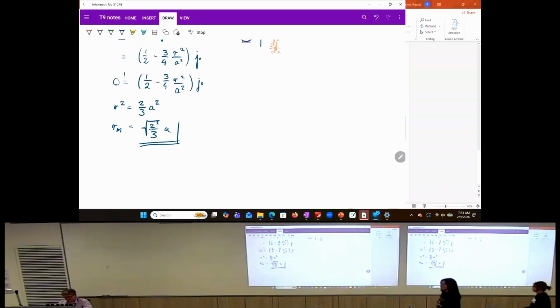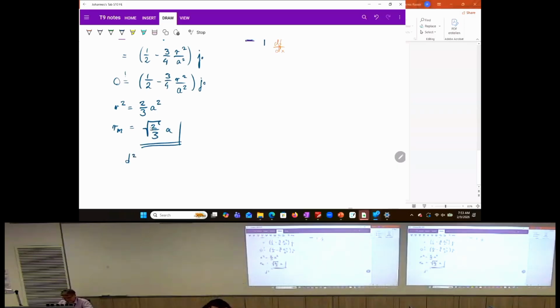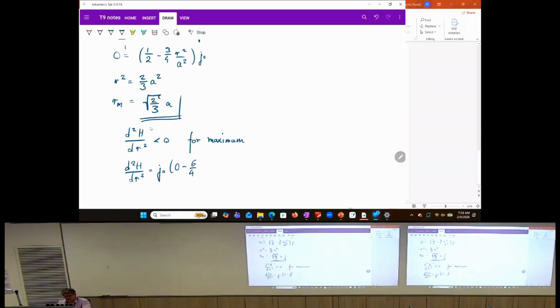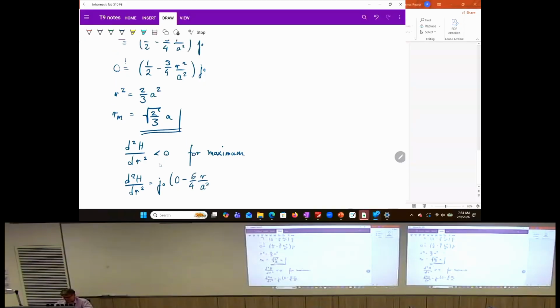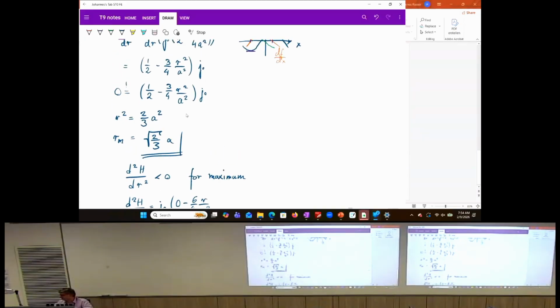And check, is this really a maximum? Because for a maximum, the second derivative has to be smaller than 0. Just take another derivative. The 1/2 has no r dependence, so it's vanishing.